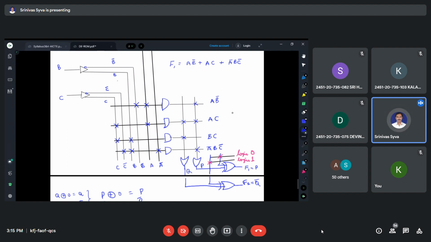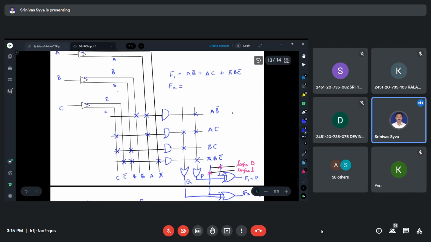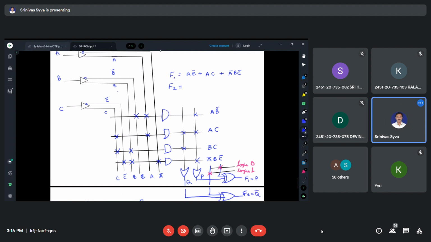Whereas F2, how is it being available? For more clarity, you can see here. I will write here.